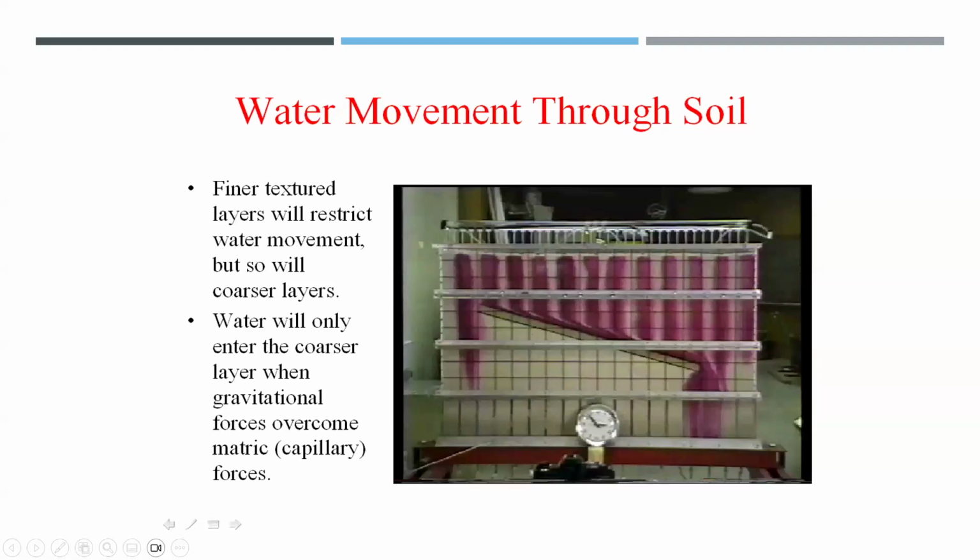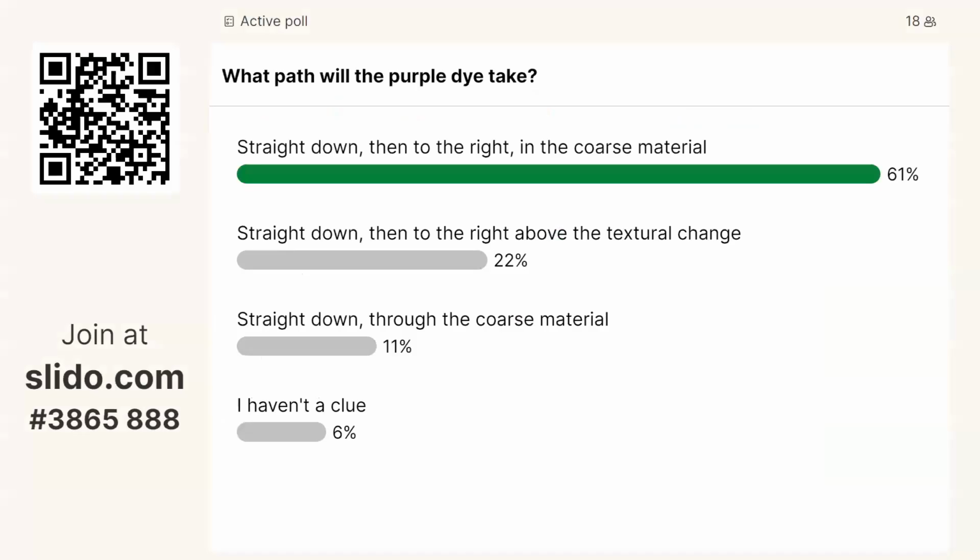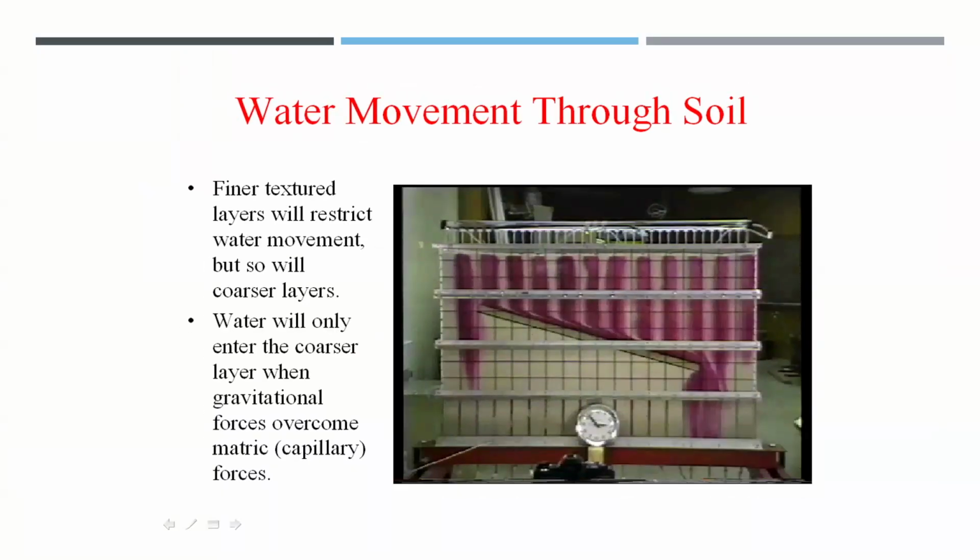And then you're thinking to yourself, well, gee, Matt, why doesn't it enter the coarse material? You think that those big pores are going to transmit a lot of liquid. Well, for those of you that jumped on the bandwagon and said it's going to go straight down to the right in the coarse material, you 61 percenters, that's incorrect.